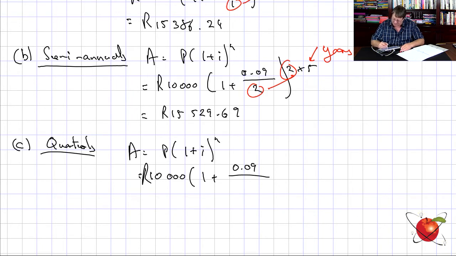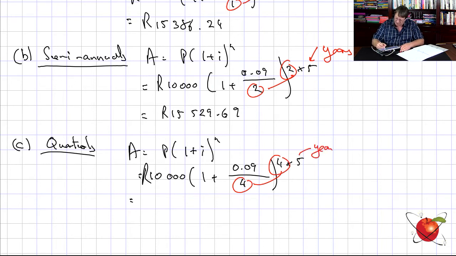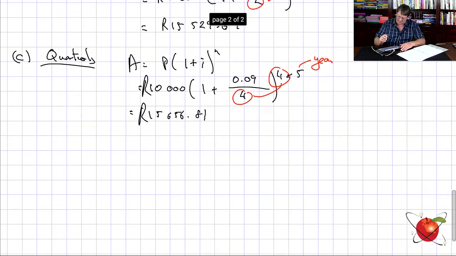I have to adjust it 4 times, to the power of 4 times 5, right? Which gives us what? Okay, let's just put in that number again. Okay, can you see? There it is. This is once again the years. And then we get 15,656.81.